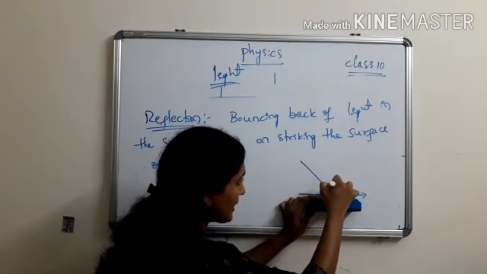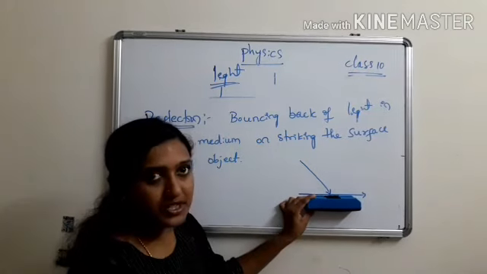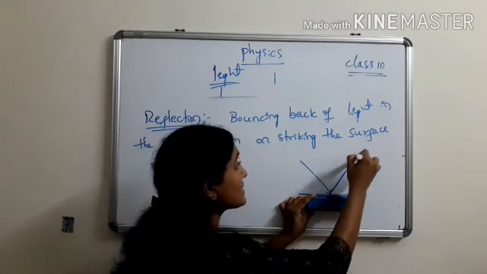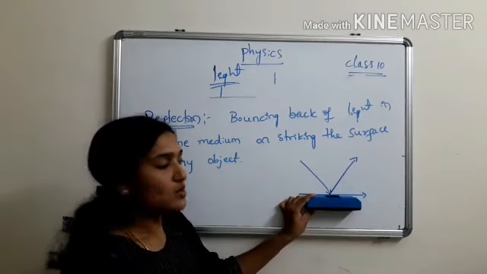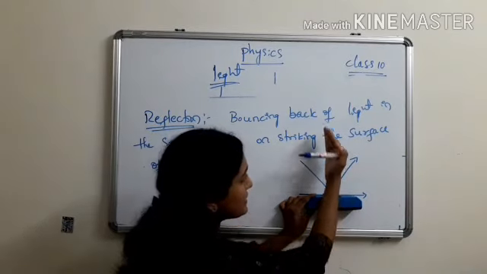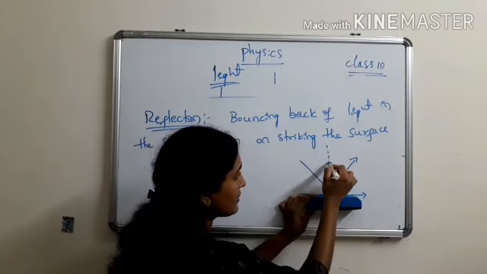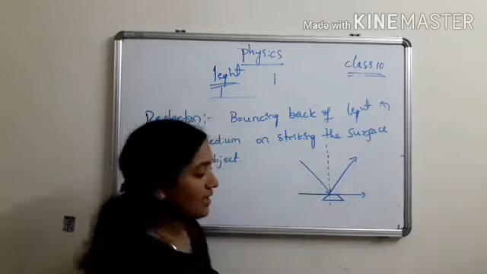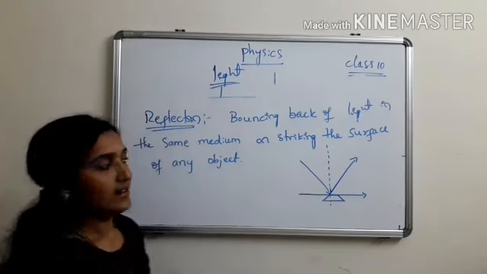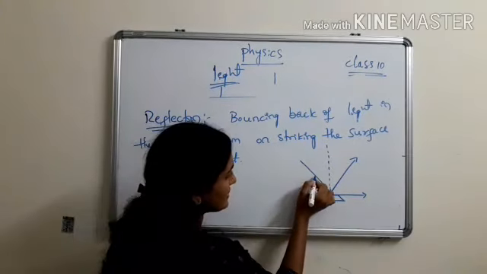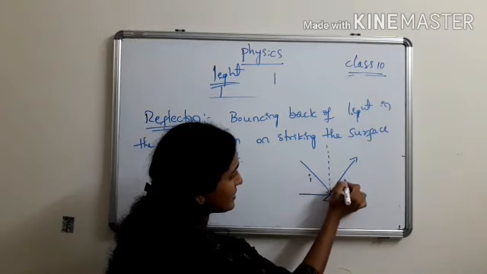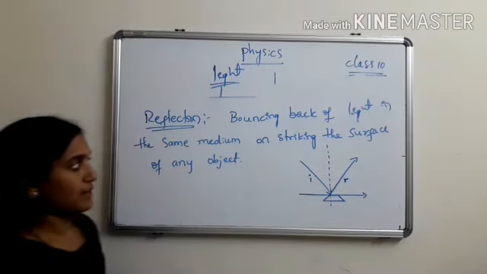Once the light falls on this object, it reflects again. This perpendicular line we will call the normal ray. This is the normal ray, this is the incident ray, this is the reflected ray.